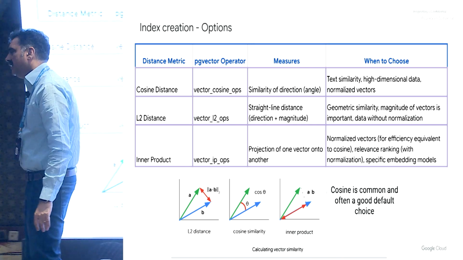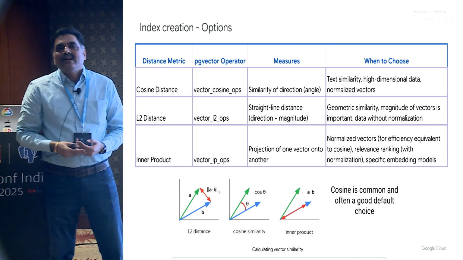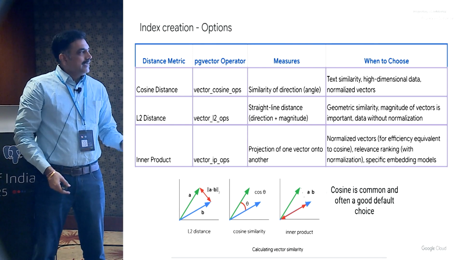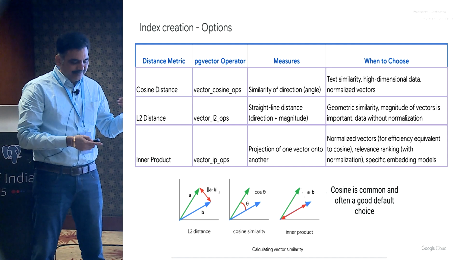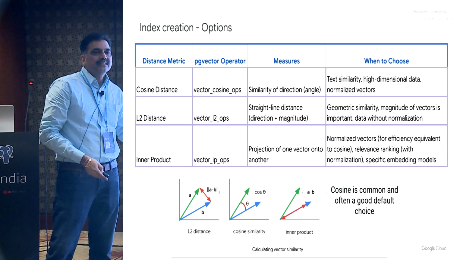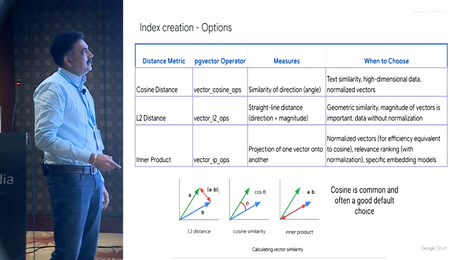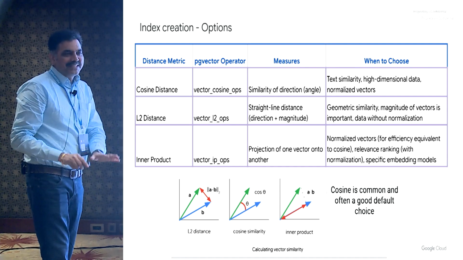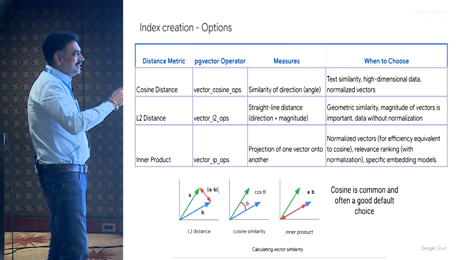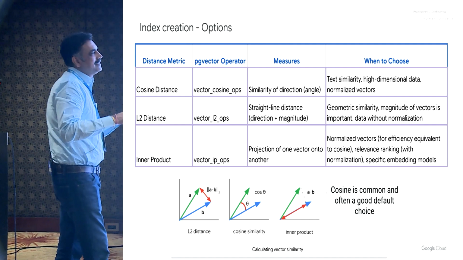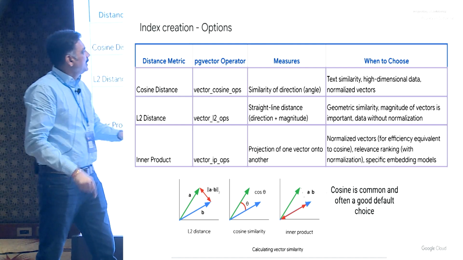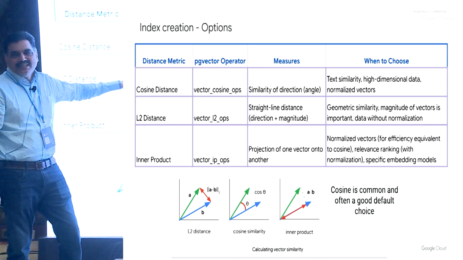So these are the three choices you have while creating an HNSW index. And I have a demo or screenshot for all three of these, and we'll see how it operates. I hope it is not too much and you are with me. But think of this as a create index, and then in the bracket you have to mention one of these three options.